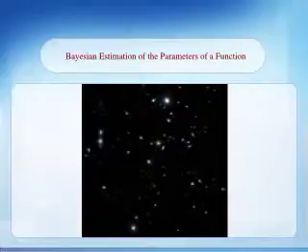We have p of r^t conditioned on x^t, w, beta, which is approximated by N of w^T x^t and beta to the inverse.